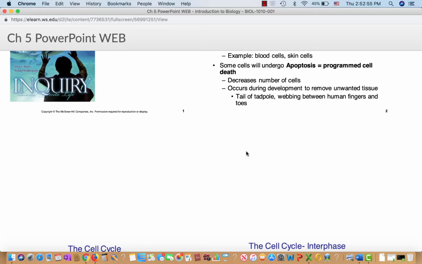But apoptosis is useful for decreasing the number of cells, and occurs when you need to remove unwanted tissue, or if you notice that a cell is proceeding through the cell cycle incorrectly in an unregulated fashion. It's probably cancerous, so you want to induce apoptosis in that cell immediately.